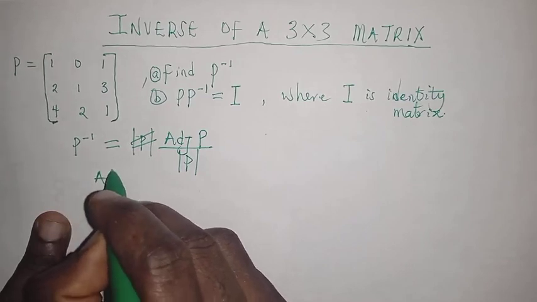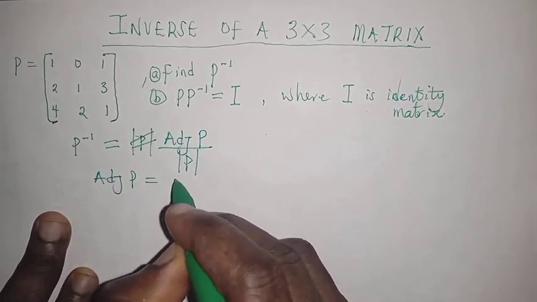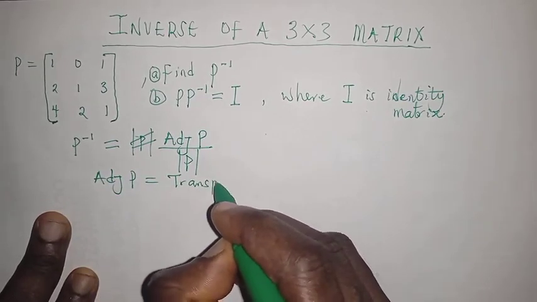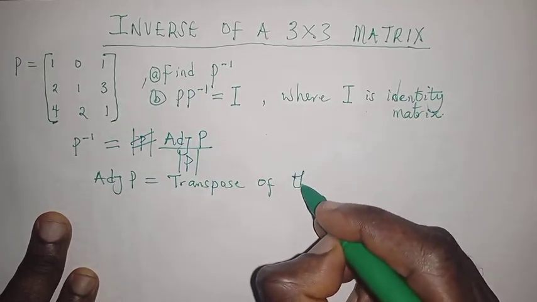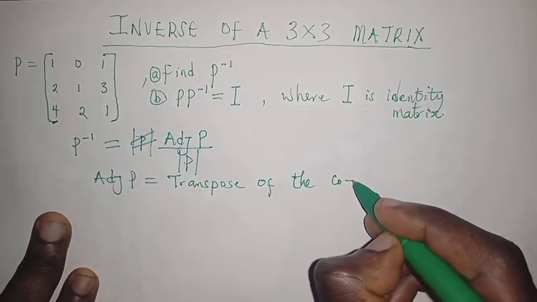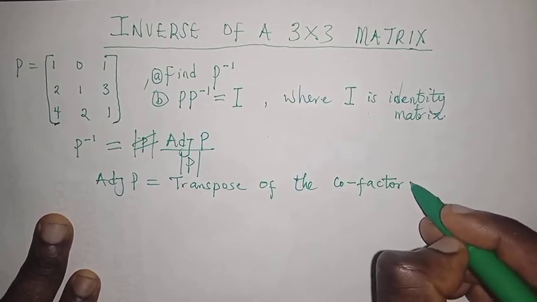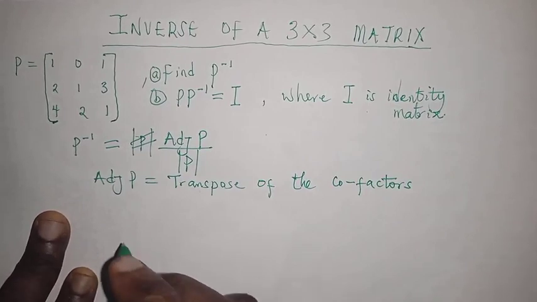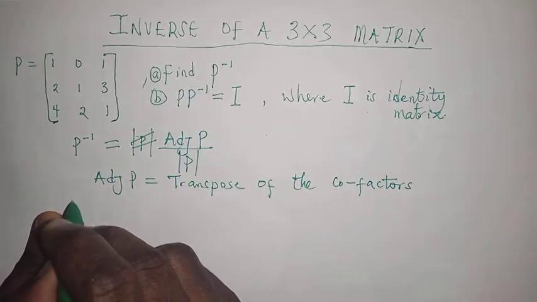Adjoint of P is simply giving us the transpose of the cofactors of P. So that means the first step I would like to take is to look for the determinant of P.